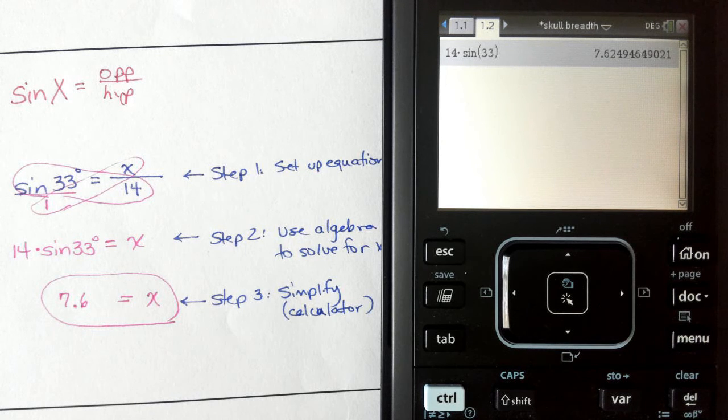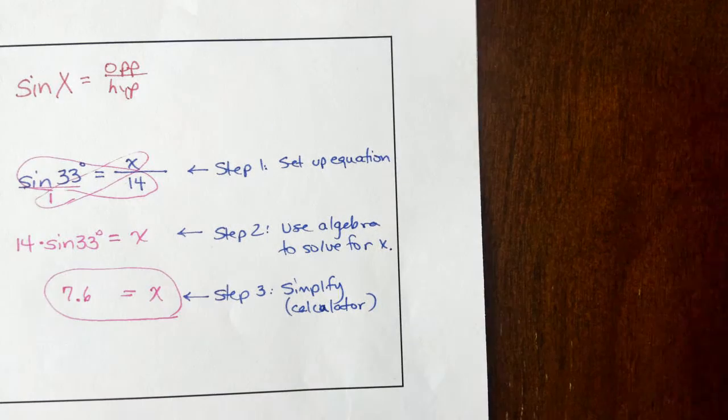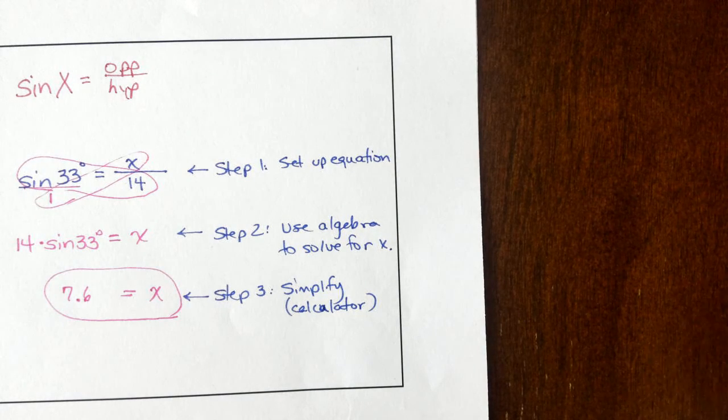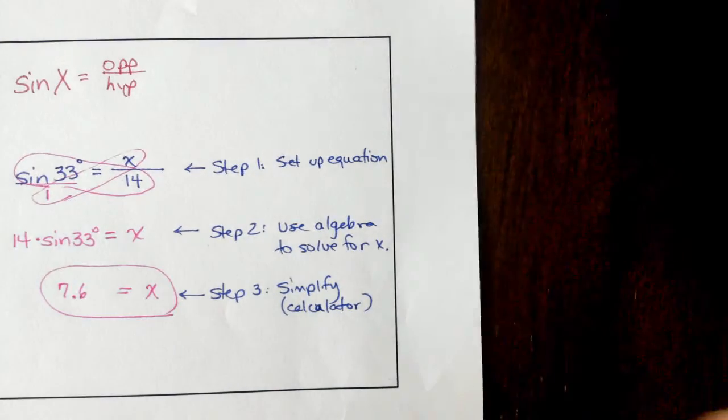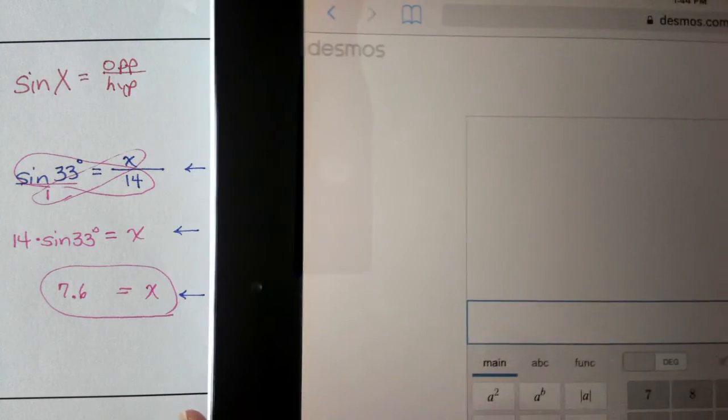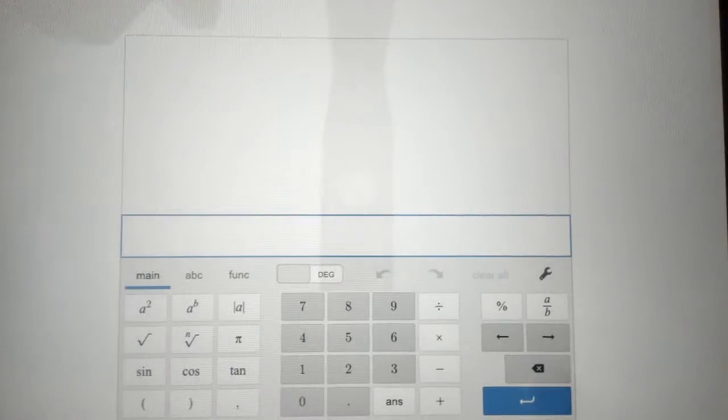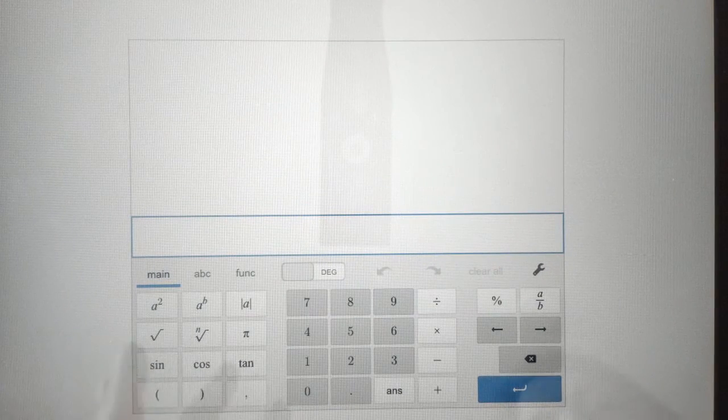Now, if you're using the Desmos calculator that I have uploaded a link to on your Schoology page, what would that look like? So let's take a quick look at that one. It's pretty friendly. You're going to type it into the Desmos calculator exactly the same way you did in your Inspire.